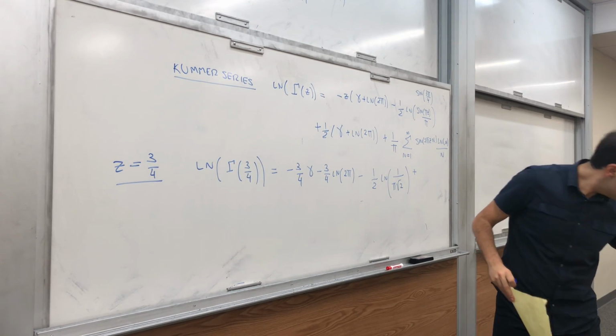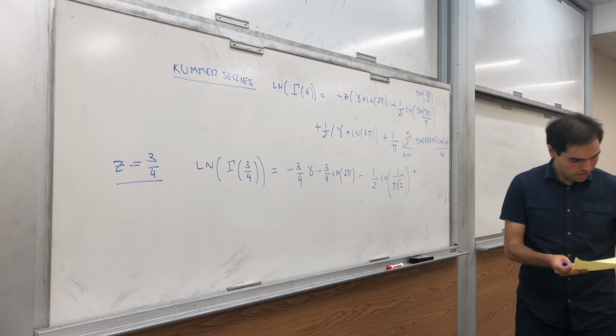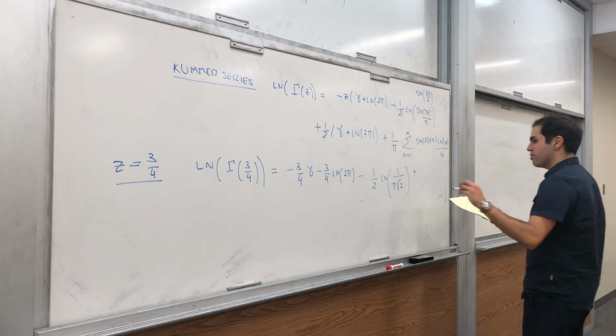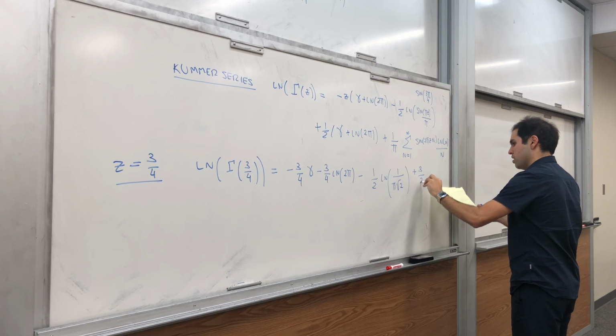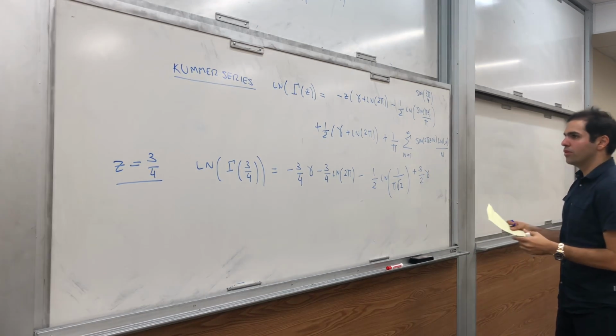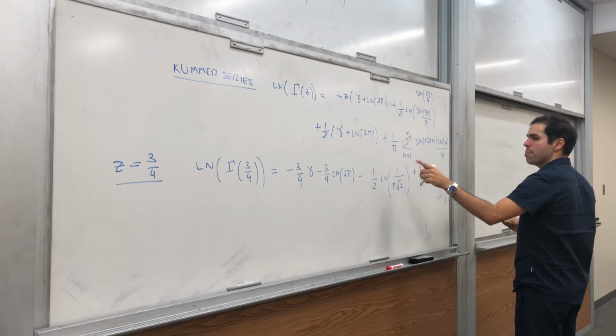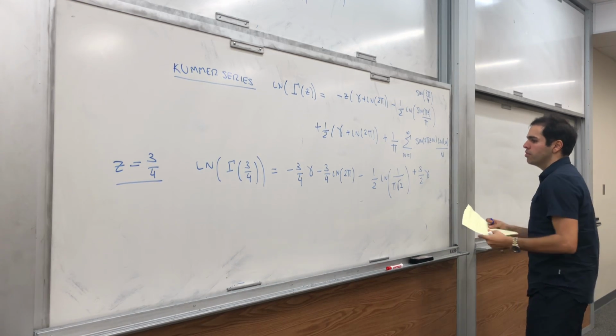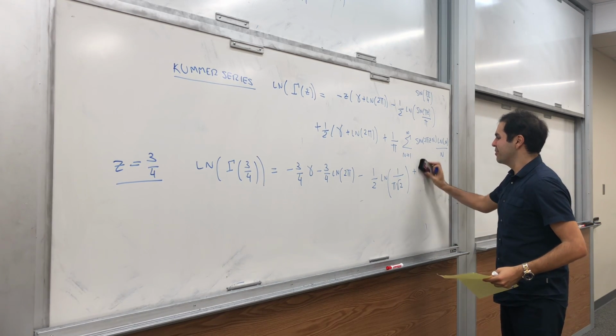Let me double check something. Oh, okay, so plus 3/2 Euler-Mascheroni plus, wait, 3/4. No, sorry. There's no z here. I don't know why I was thinking that.